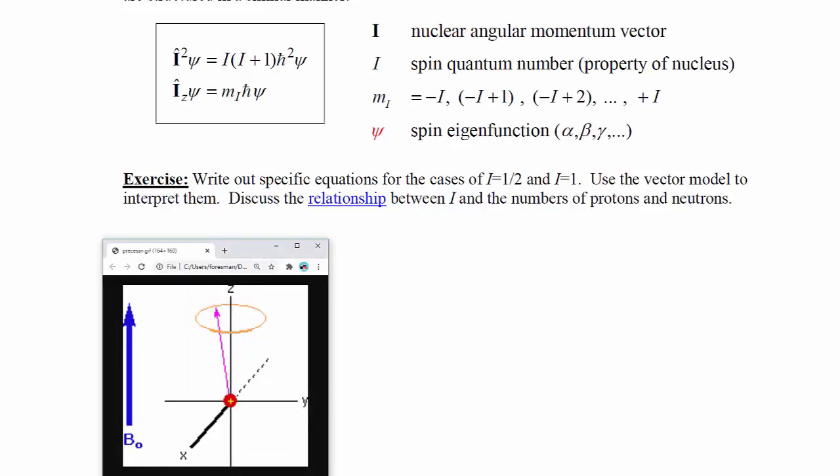We know from these quantum mechanical equations in the box what the length of that vector is from the first equation, and we know its projection onto one of the axes from the second equation. But the other two projections are unknown, and so you can think of a nucleus as spinning in this way, spinning around the z-axis.